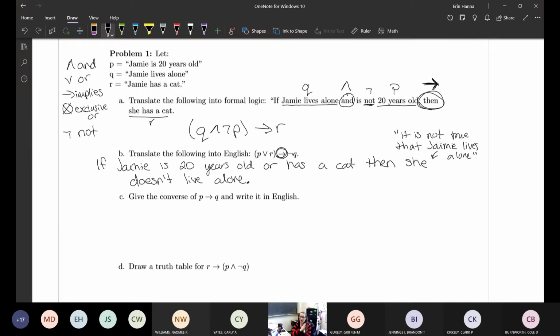All right. So now we want to give the converse of P implies Q and then write it in English. So in symbols, remember that the converse is Q implies P. You essentially just flip it over. Remember, we have another thing called the contrapositive.